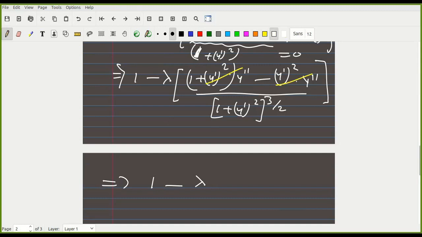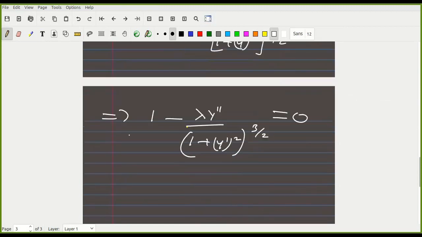So what remains is 1 minus lambda y double dash divided by 1 plus y dash the whole square, the whole power 3 by 2 is equal to 0. Root is gone long ago.